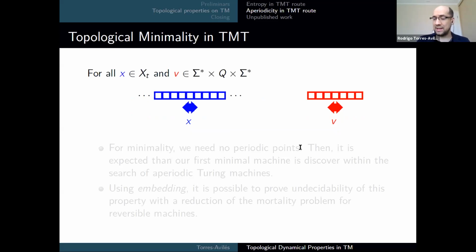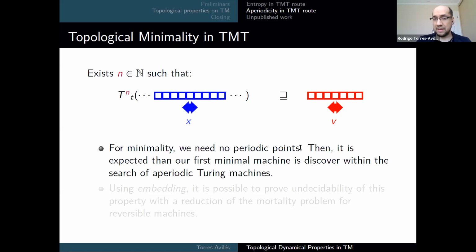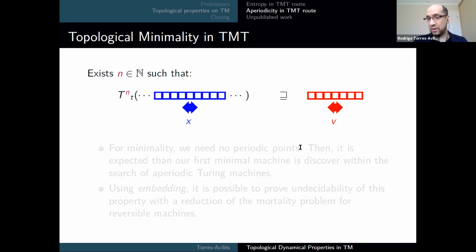What topological minimality is, is that for every possible configuration X and every possible finite configuration B, a word in the language of TMT, there always exists a time such that evolving X will contain configuration B. This X, in this case, is called a transitive point, and we can define transitivity also with the transitive points, and as our systems are perfect, both definitions of transitivity are equivalent.